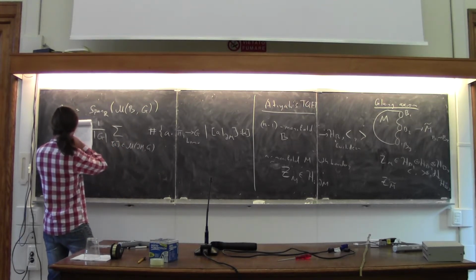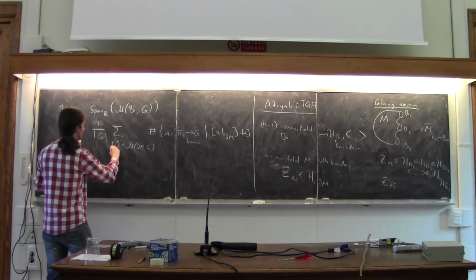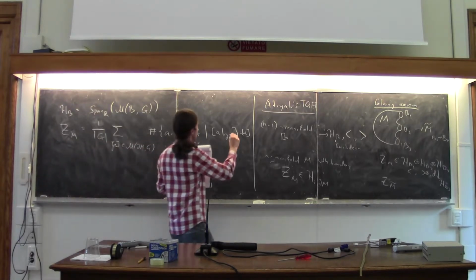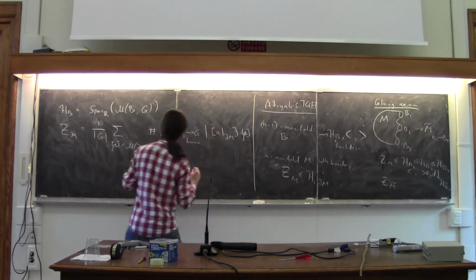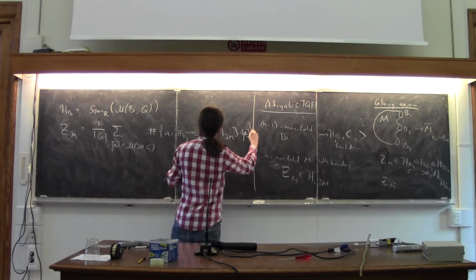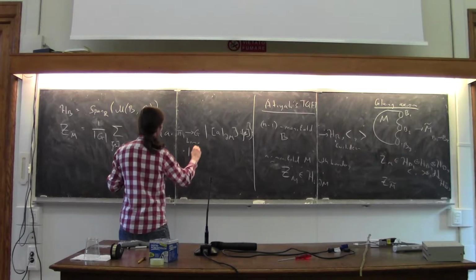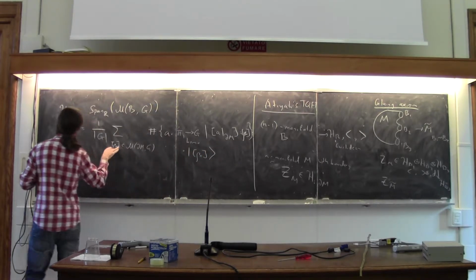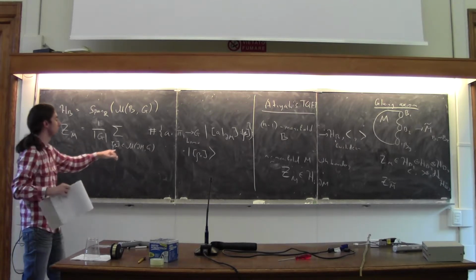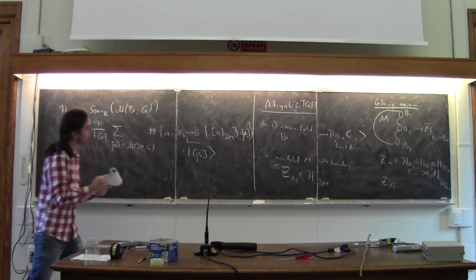So this will be beta, times the basis vector associated to beta. I'm putting this in square brackets because I'm thinking of this as the class of homomorphisms modulo conjugation.